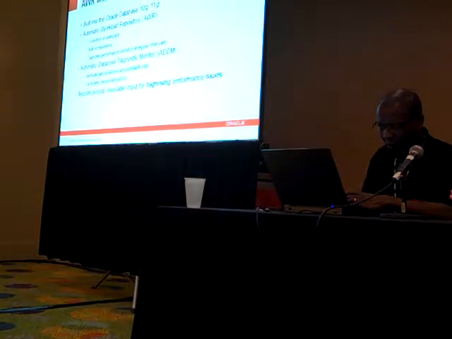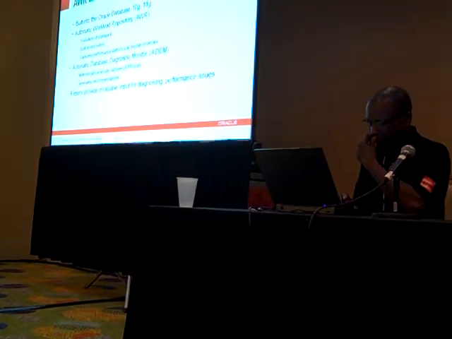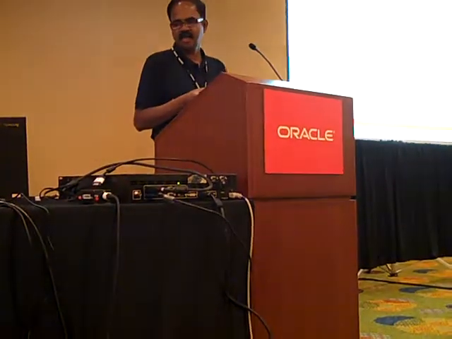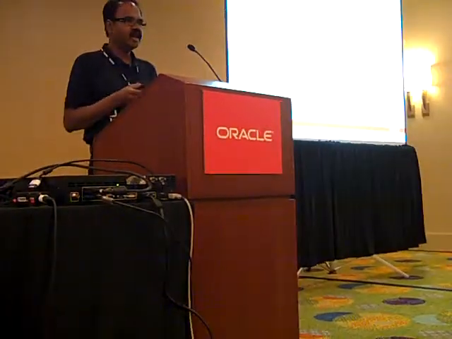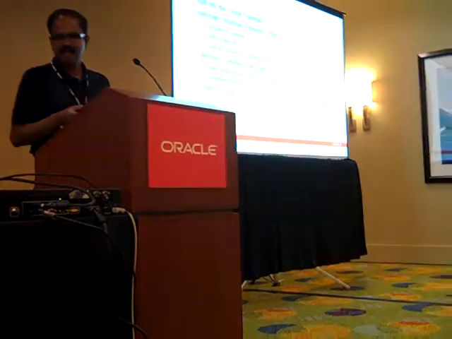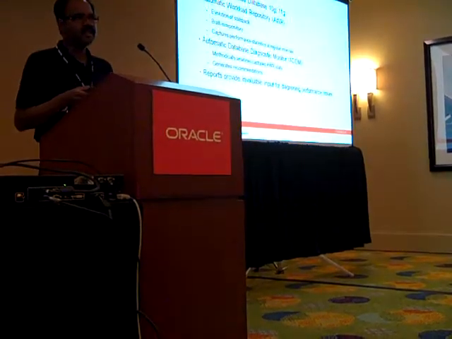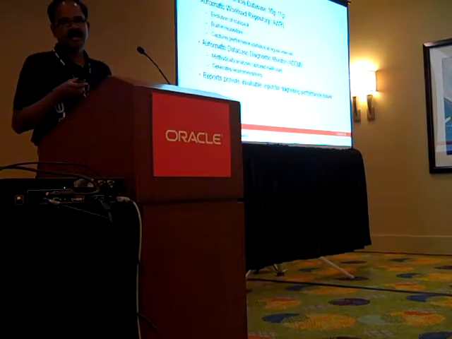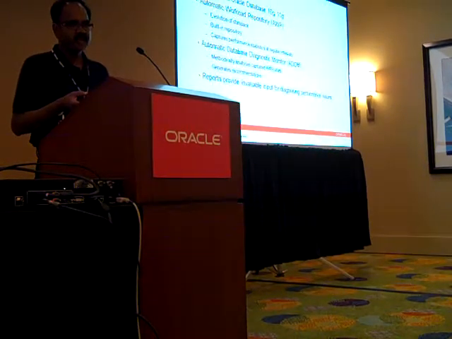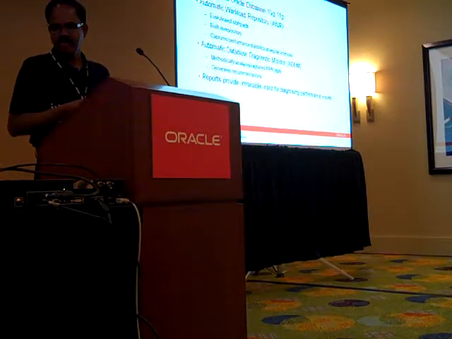So, performance tools. Two of the tools that we have are built right in the database. The first one is the Automatic Workload Repository, also known as AWR. AWR was introduced in 10g. It's an evolution of StatsPack, which existed prior to 10g.